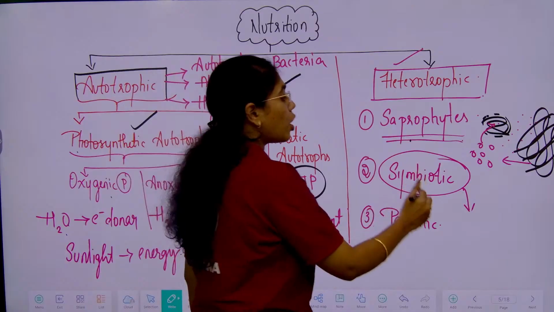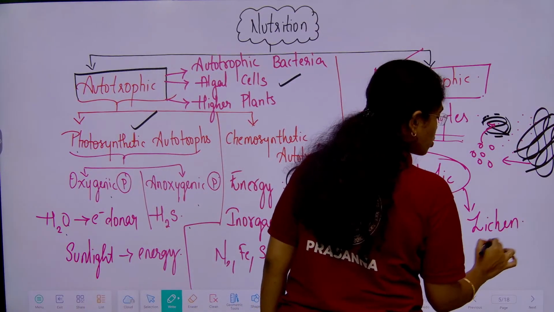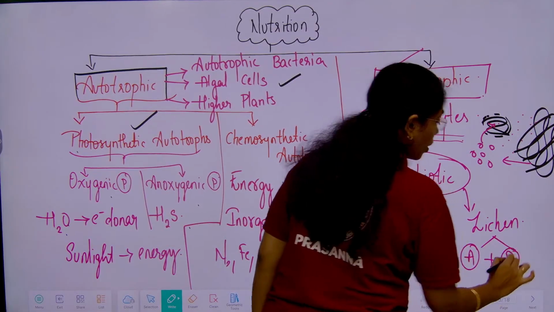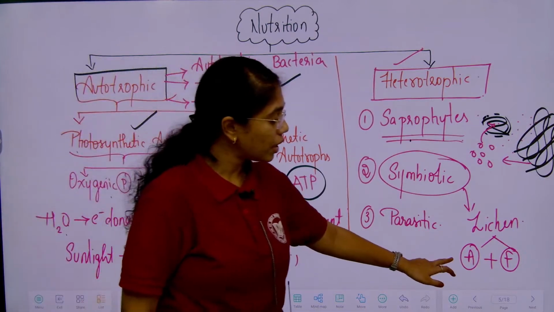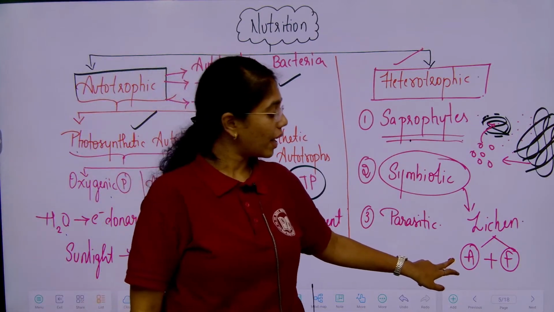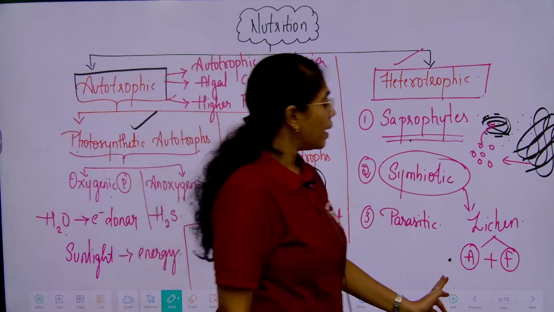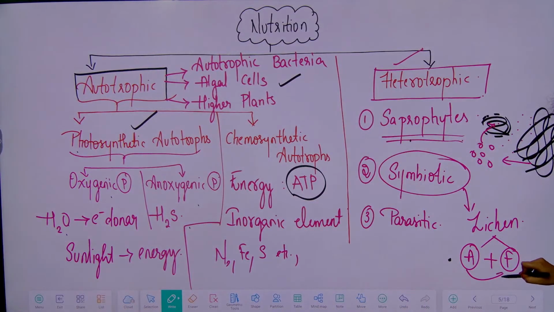And you can also take the example of lichens, which is the association of algae and fungi, where both the organisms are getting benefited. Algal component is known as phycobiont, fungal component is known as mycobiont. Okay? Both will get benefited in their association, where algae will provide nutrition, fungi will provide shelter.